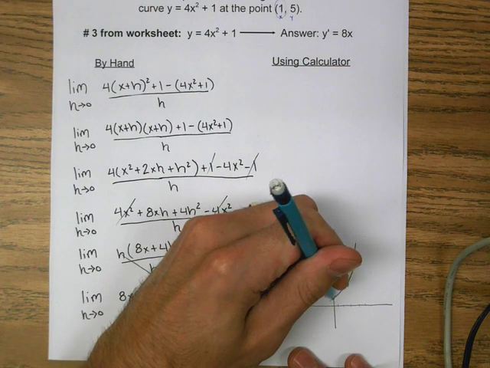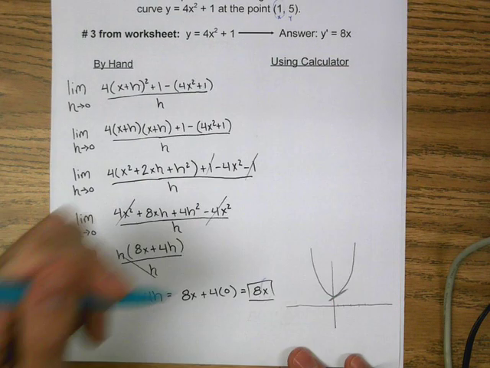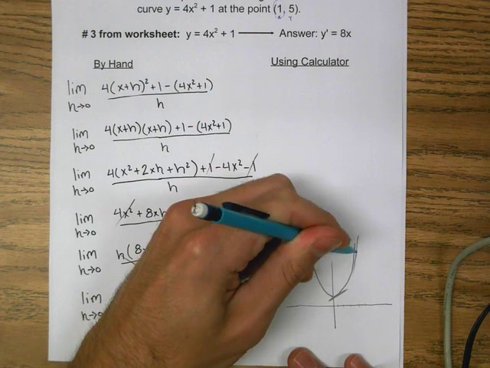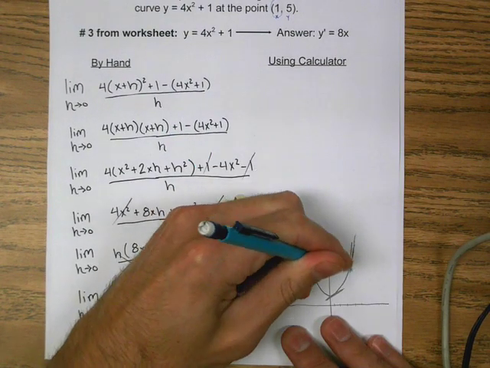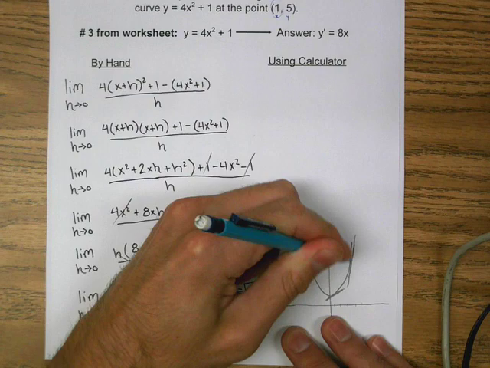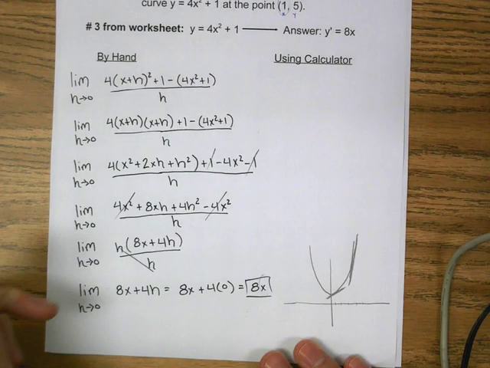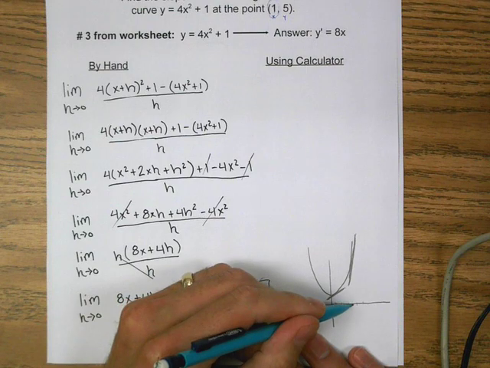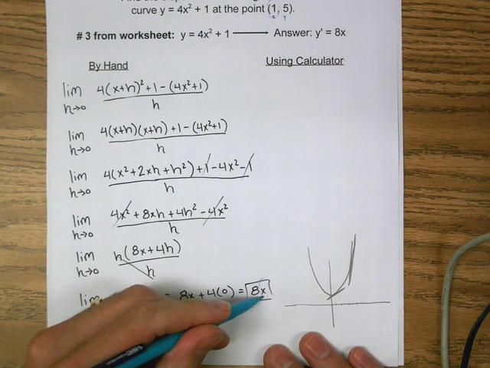The slope of the tangent line right here is not nearly as steep as the tangent line over there, which is going to be the steeper line. So the higher your x value, the steeper your slope.